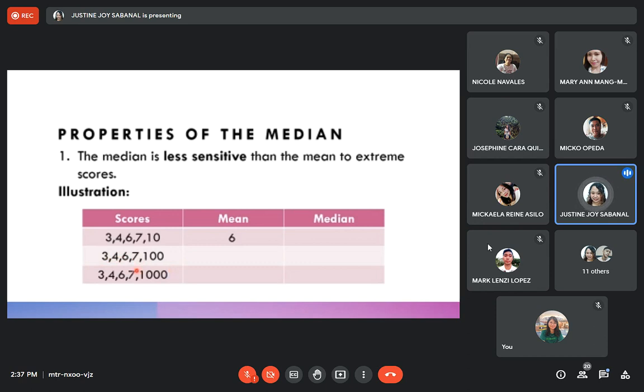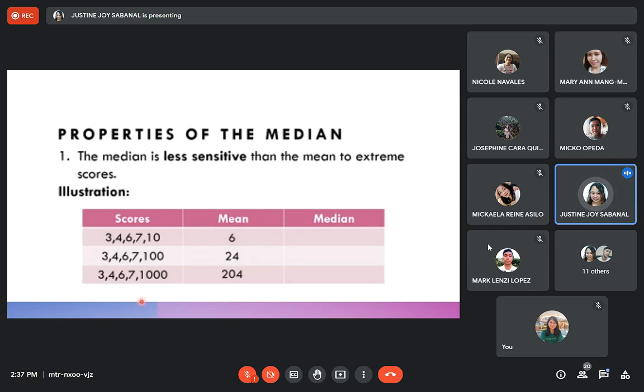Ina-add lang, di ba, pag mean? Add natin, 120 yung sum, divide natin ilan sila? 5. So, 24, ma'am. Okay po, thank you. We have 24. So, yung last value: 20 plus 1,000 is 1,020 divided by 5 is 204. Correct po. Ngayon, determine nyo yung median naman nung tatlong dataset na yan.